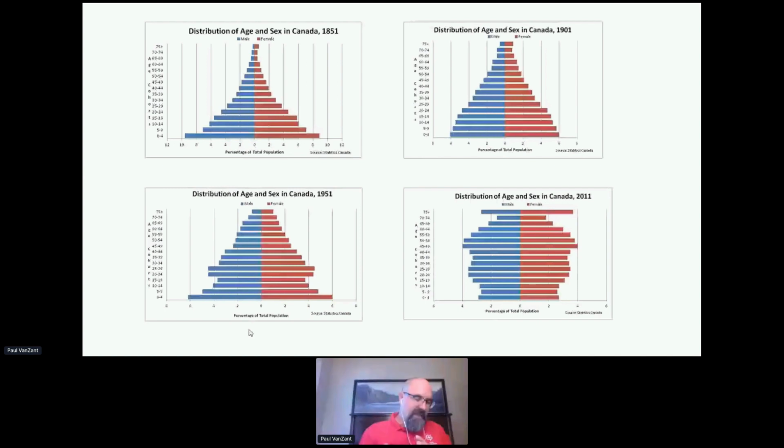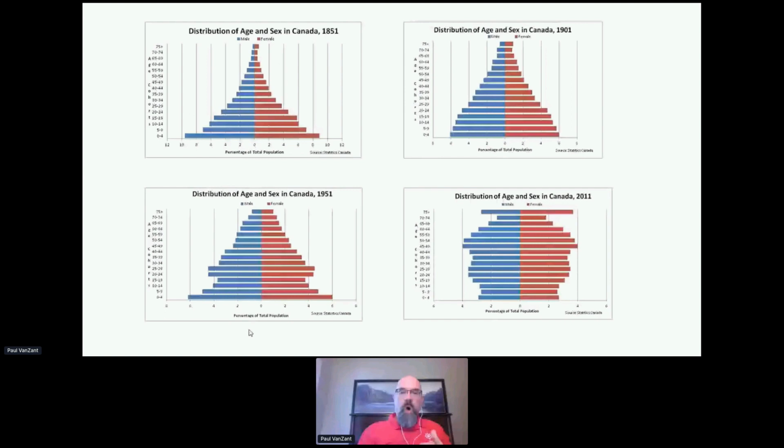I think those data tables are also a valid graphical form that they have to be able to read and to extract information from. But it allows us then to look at not only how Canada's population has changed over time, but to then explore the why.